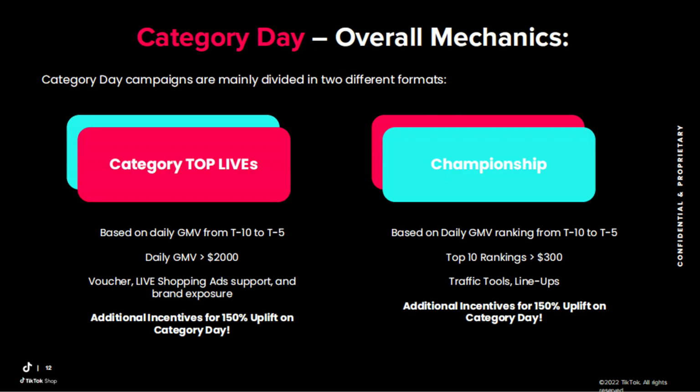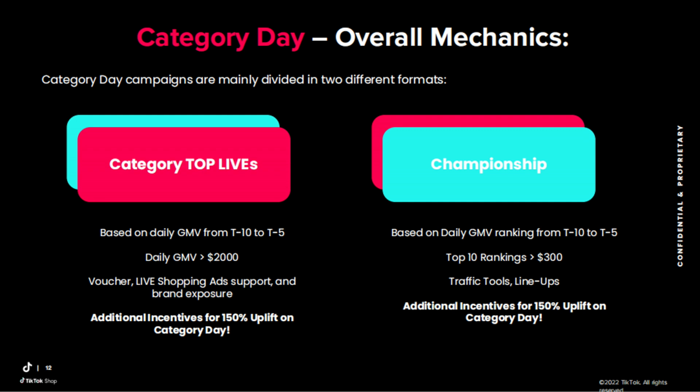And for category day, we run this in two major formats: category top lives and championship. For category top lives, we make the threshold based on the daily average GMV from 10 days to 5 days ahead of category day. So if you go live on Wednesday, FMCG day, we look into your daily average GMV from 10 days before that Wednesday till 5 days before.